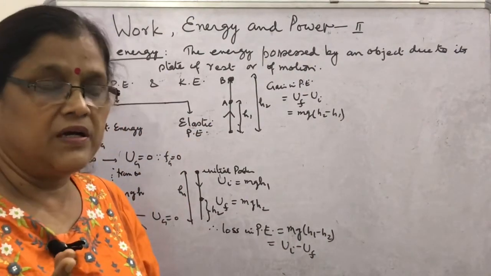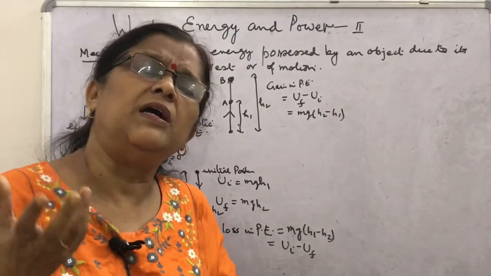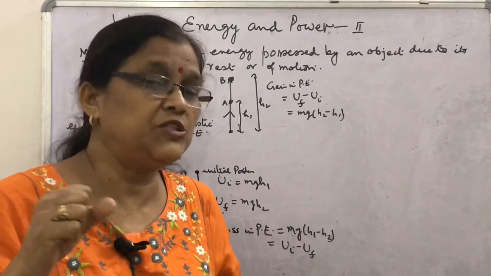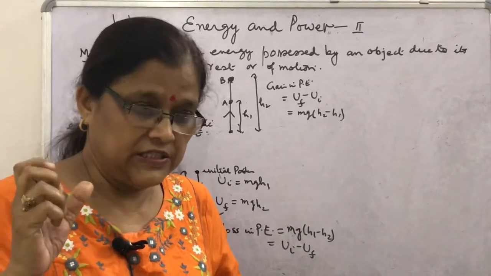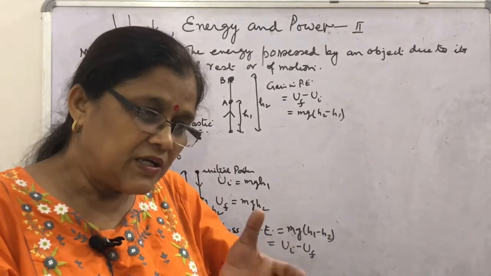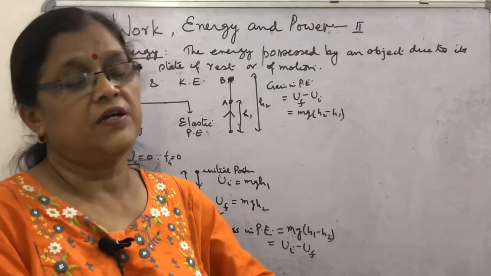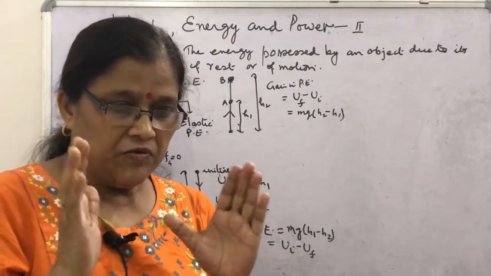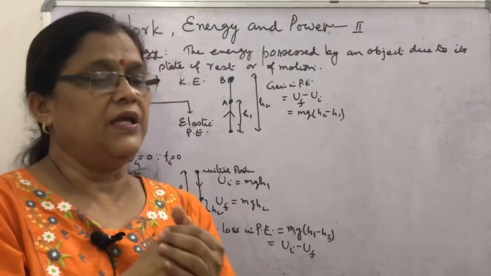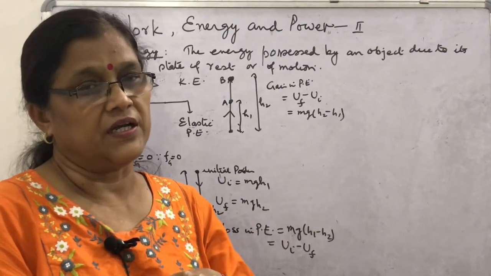What about kinetic energy? You know, kinetic energy is the energy possessed by an object due to its motion. How will you say that work is related to kinetic energy? We have read work. The work done which the moving body can do before coming to rest is called kinetic energy.